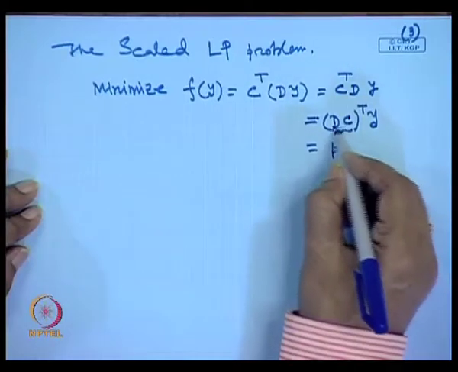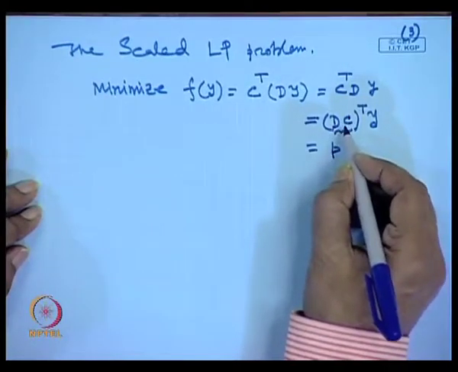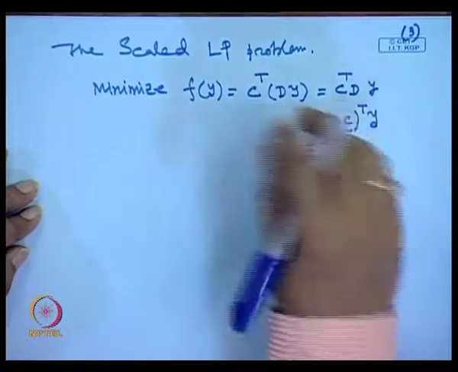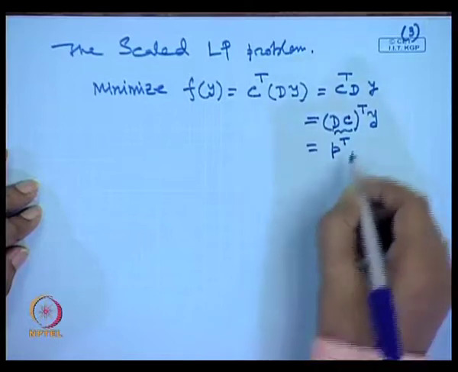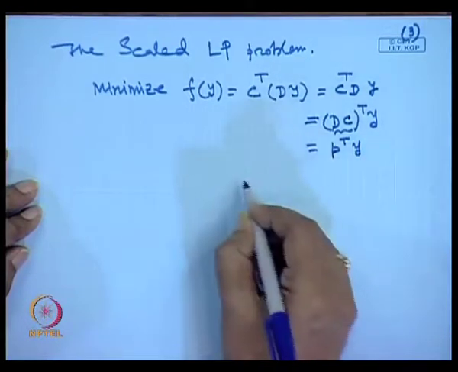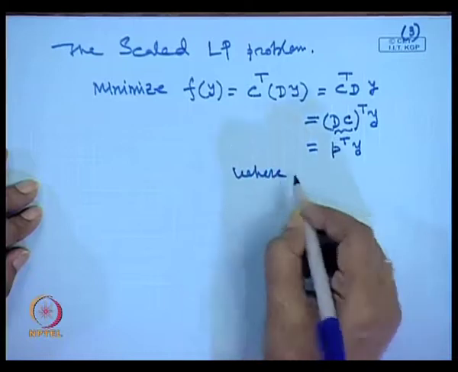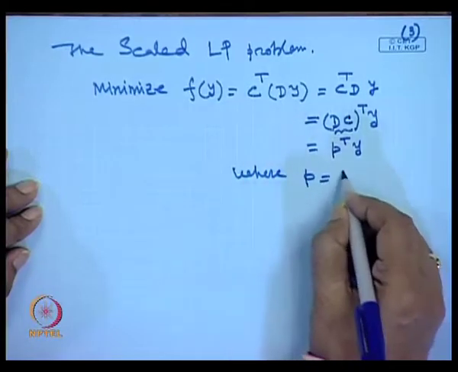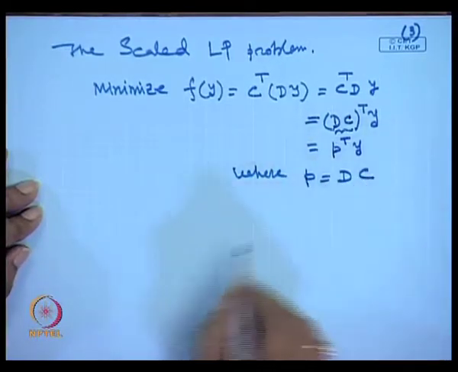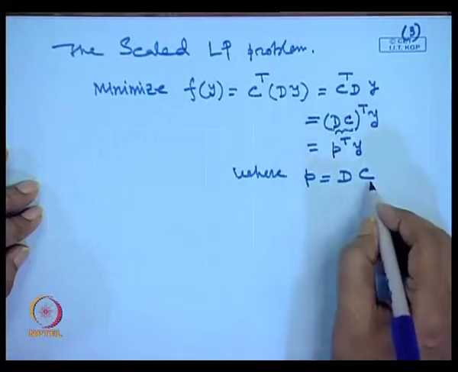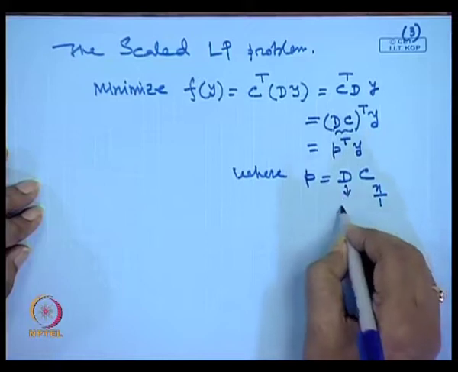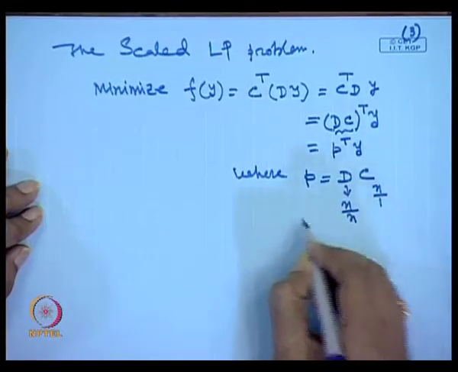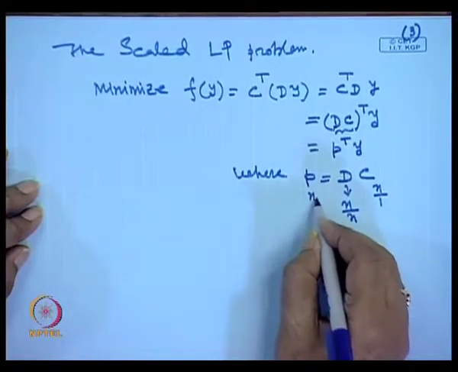DC is a vector, DC transpose is a row vector and DC is a column vector. So, DC transpose into y, where P is equal to DC. This dimension is n rows, 1 column, and this dimension is n by n. So, this P dimension will be n cross 1.